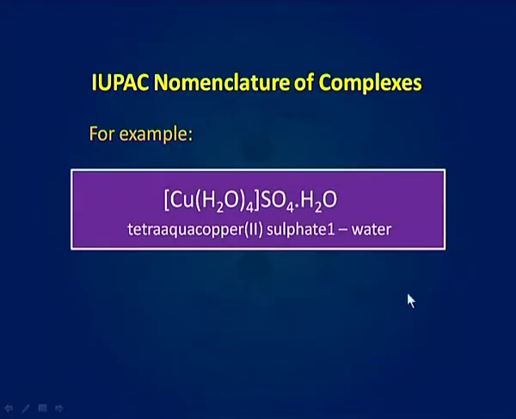If any lattice component such as water or any other solvent of crystallization is present, these follow the name and are preceded by the number of these groups, that is molecules of solvent of crystallization, and it is done in Arabic numerals. For example, you can see here [Cu(H2O)4]SO4·H2O.